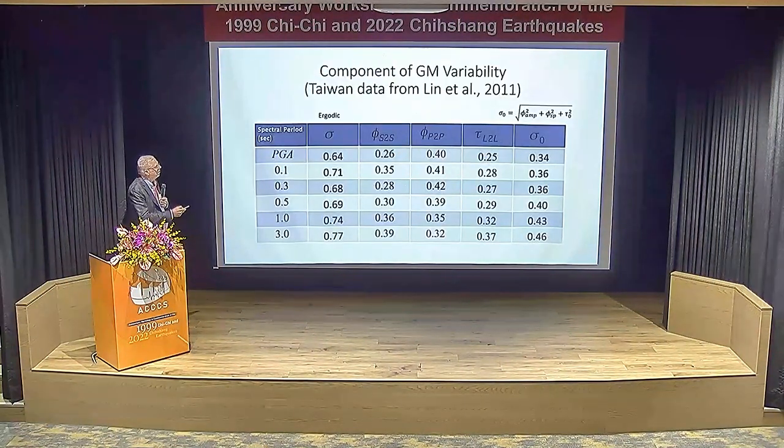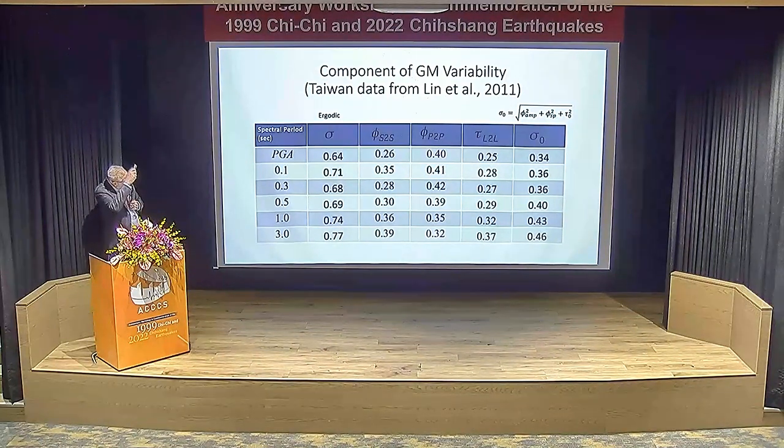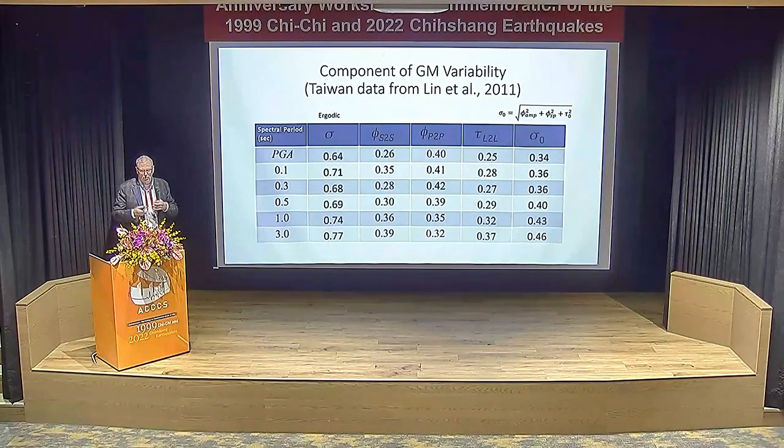This is back to work done 12, 13 years ago by Lin et al. on data from Taiwan, on how these different pieces of the standard deviation go. So on the left-hand side here is our standard deviation in an ergodic model. We've lumped everything together. This was all in Taiwan together. And then you could see if we separated out how much are there systematic site effects, how much are there systematic path effects, how much are there systematic source effects, and then what's left over.